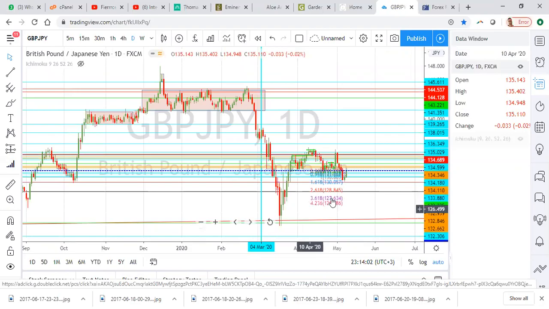So all I'm doing is trying to see where the market is going. As I look at all the different currencies, I'm looking at potential trades for tomorrow or for the week. And like I said, my target, I've been doing like 800 pips, 1,000 pips.